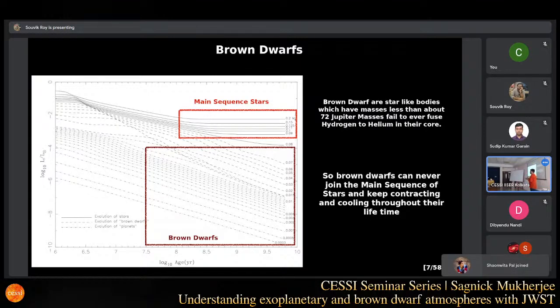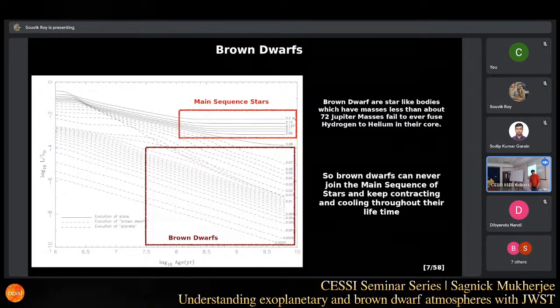But brown dwarfs are basically stars which do not have enough mass to start hydrogen fusion. So there's nothing to stop their contraction and to stop their cooling. So brown dwarfs are failed stars. As a result, they keep on cooling and cooling and cooling for millions of years and billions of years. So that's what brown dwarfs are.